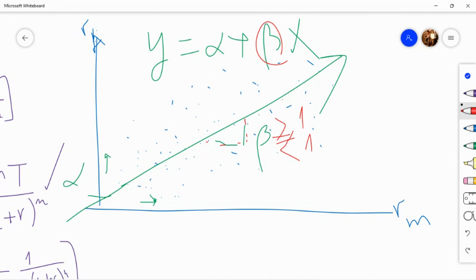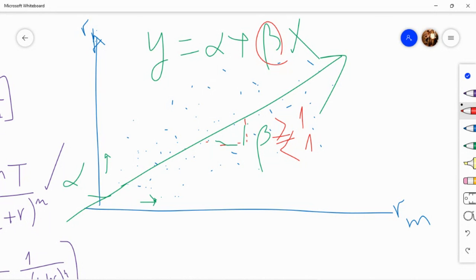Positive correlation. So beta can be greater than 1, like 3, right? When market moves 1%, Apple moves by 3% in the same direction.